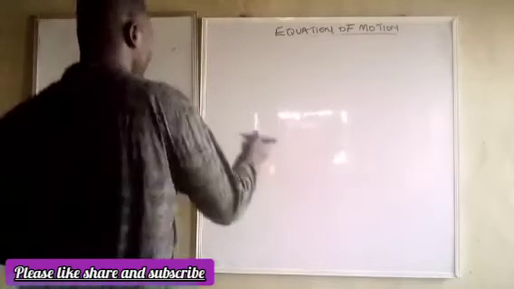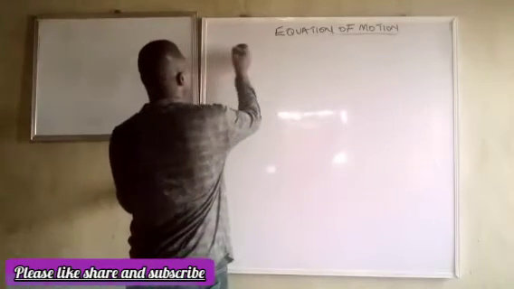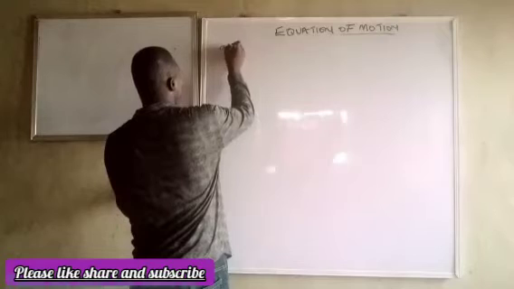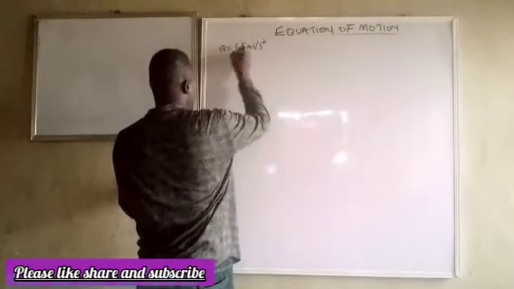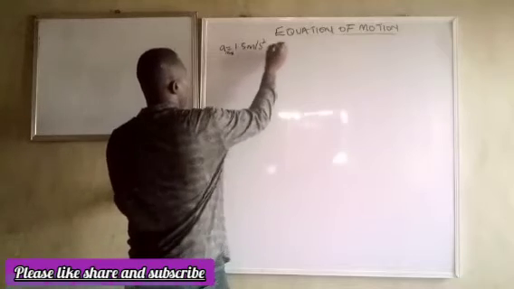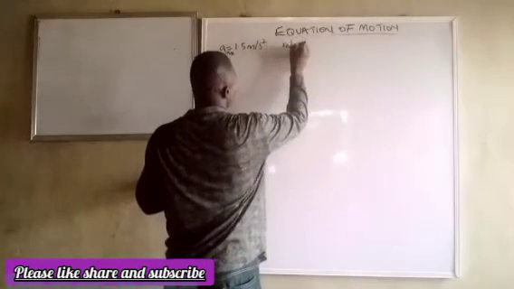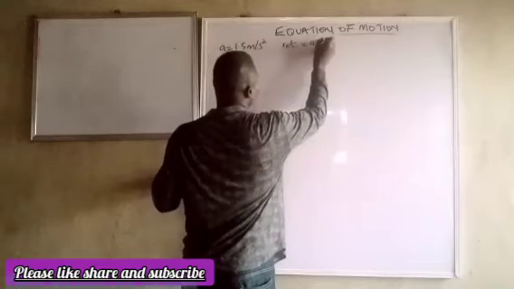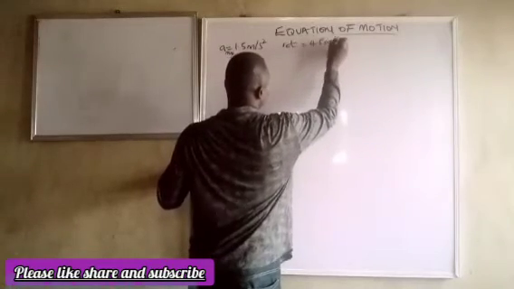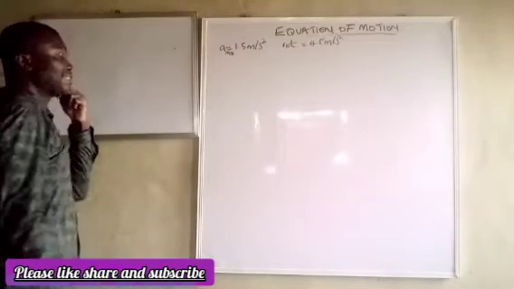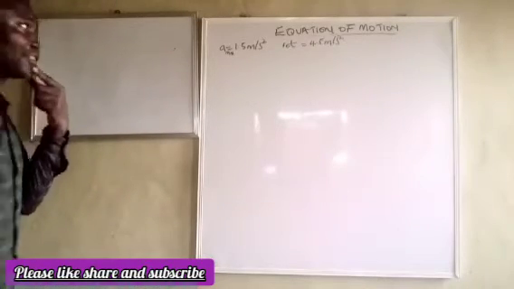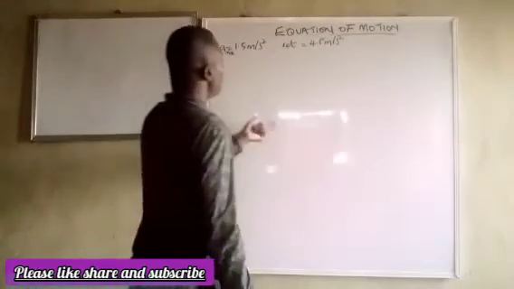So we are told that the train has acceleration of 1.5 meters per second squared max, and retardation of 4.5 meters per second squared. We are asked the minimum time to travel 300 meters.